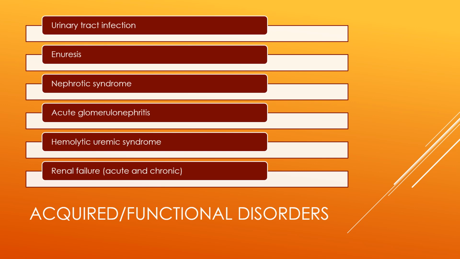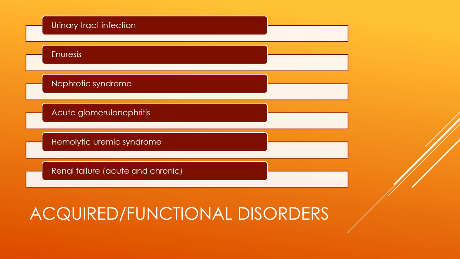Okay, moving on. Hemolytic uremic syndrome. It has 3 defined features that include hemolytic anemia, thrombocytopenia, and acute renal failure. So if you have hemolytic uremic syndrome, it could be defined as those 3 things: hemolytic anemia, thrombocytopenia, and acute renal failure.